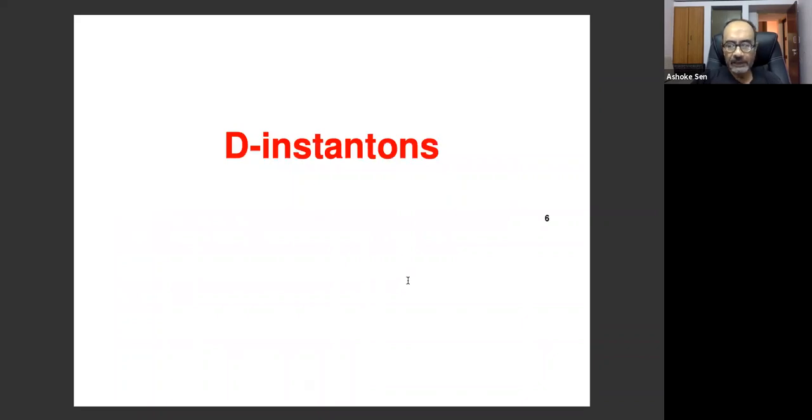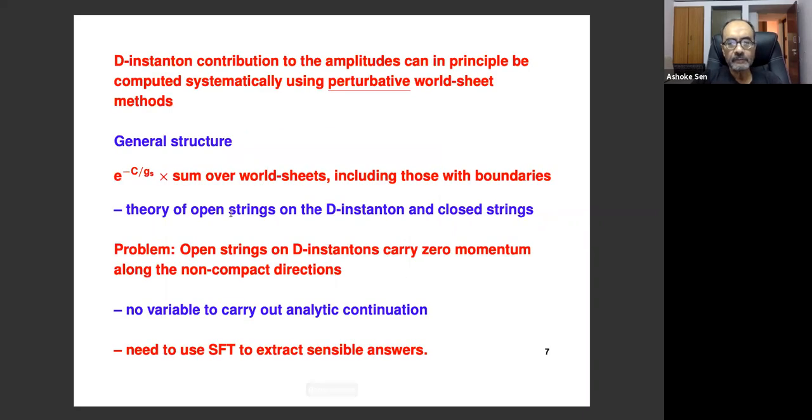Let me now give a brief introduction to the problem that we face for d-instantons. In principle, the d-instanton contribution to the amplitudes can be computed using perturbative worldsheet methods. After all, it's ordinary d-branes with perhaps a somewhat strange boundary condition, but otherwise it's like ordinary d-branes.